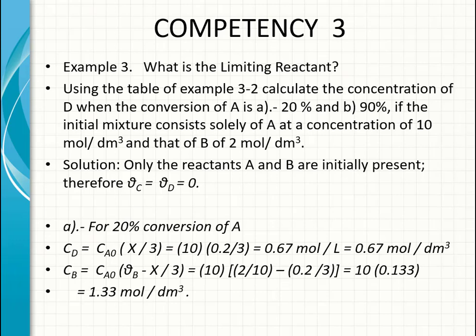So that is going to be the concentration of B0, that is 2, divided by Ca0, that is 10, minus X divided by 3, in this case 0.2 divided by 3. That will give us a total of 1.33 moles per liter.